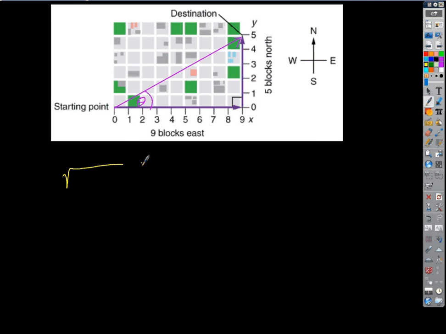The square root of what? So looks like we went 9 down here, right? So 9 squared plus 5 squared. So square root of 81 plus 25, what is that, 106? And that's an exact answer, right? Okay, so that's the distance that we traveled.